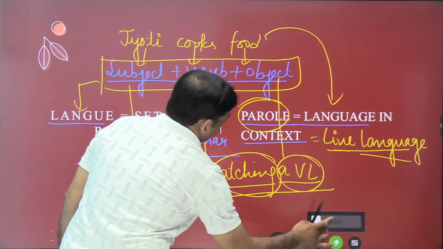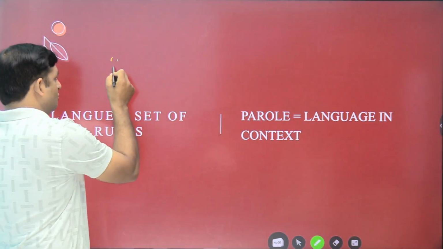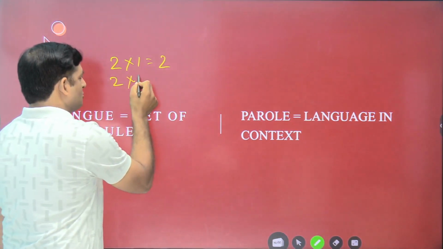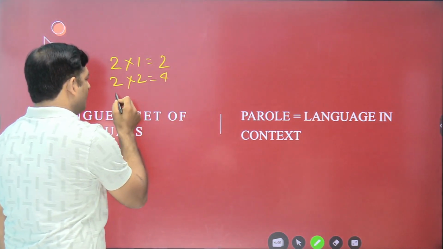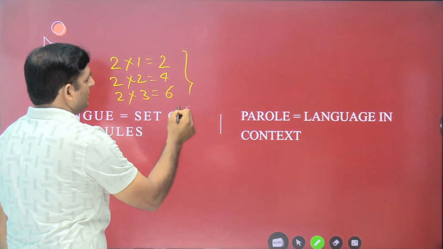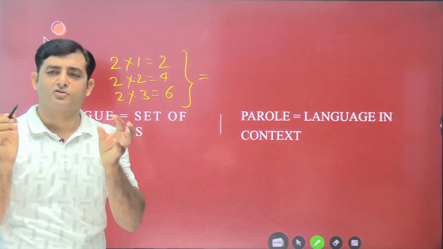In mathematics, you learn tables. 2 ones are 2, 2 twos are 4, 2 threes are 6. What does it mean? It means nothing. It is just a structure.